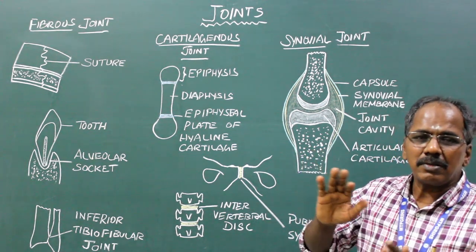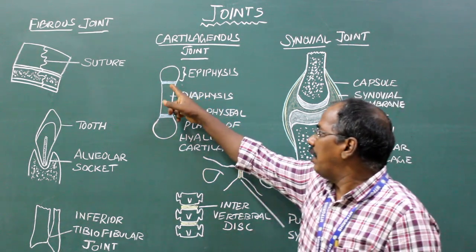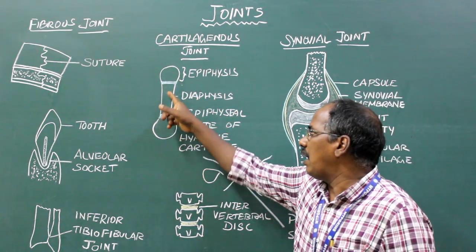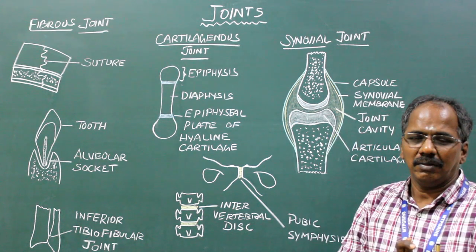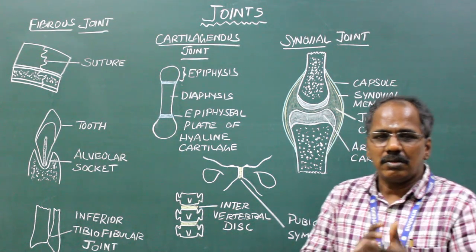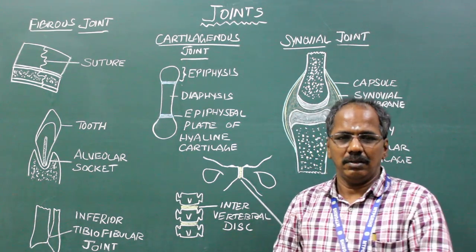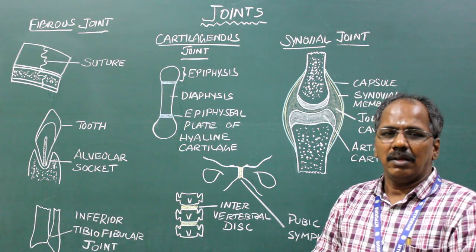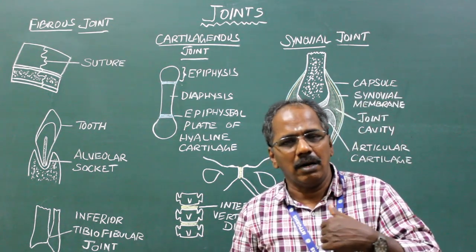It does not persist throughout life. Example, union between epiphysis and diaphysis of growing long bone, joint between basi-occiput and basi-sphenoid, and first costosternal joint.